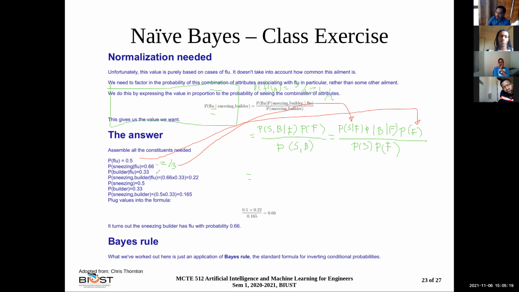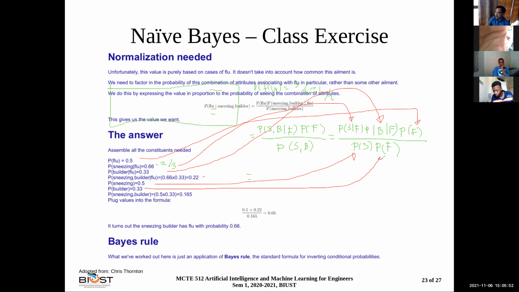And probability of builder given flu is that one. Then we multiply them, sneezing given flu and builder given flu. The bottom is the absolute probability of sneezing and the absolute probability of a builder.